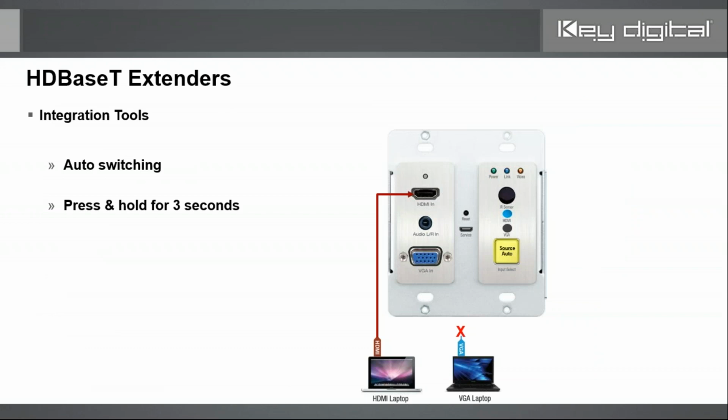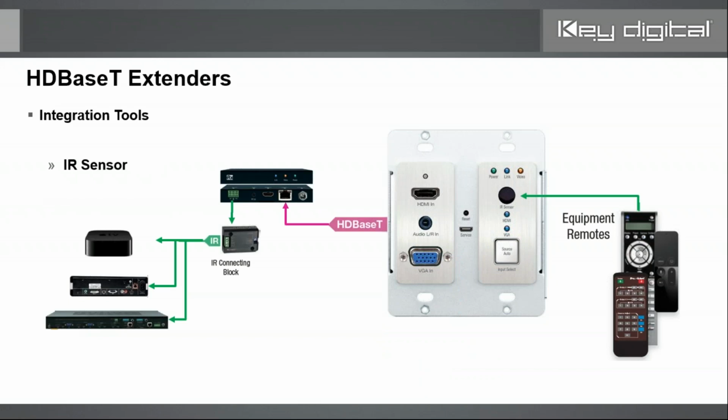One of the popular features of this is the ability to just toggle between the sources, HDMI, VGA, or by pressing and holding that button for 3 seconds, the button will illuminate, and now you're in auto switching mode, so that whatever you plug in, the switch will select that newly detected source and advance discreetly into it.